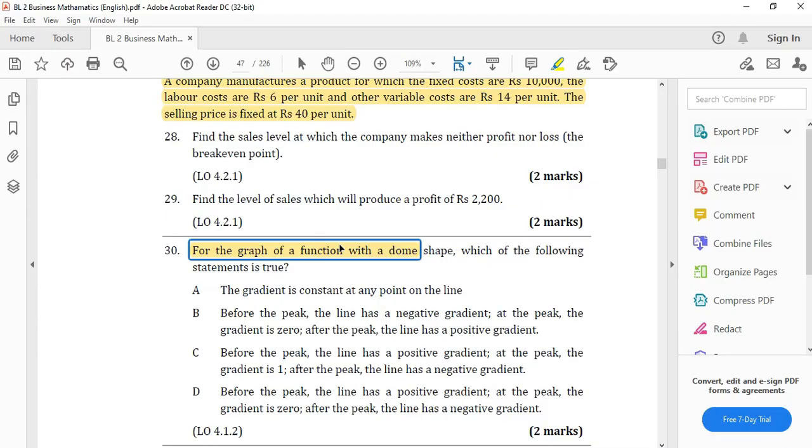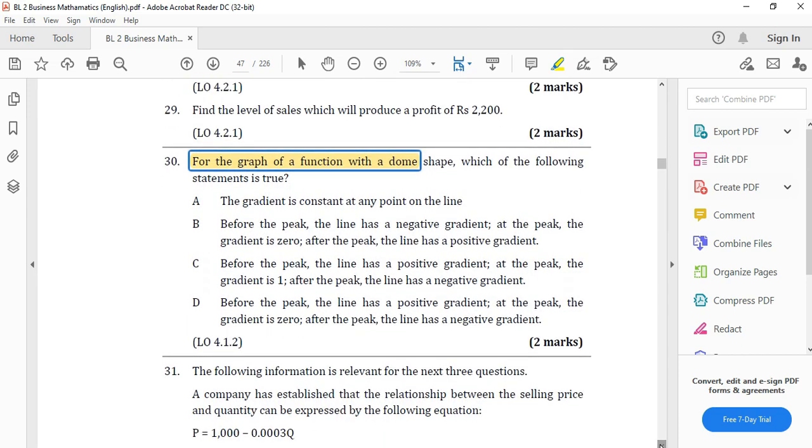But they are just asking about the graph, they are not relating it to total cost or anything. Simply they are saying, for a graph which has a curve, a quadratic equation, which of the following statements are true? Is the gradient constant at any point? No, it isn't. It changes at every point and we find it by using the differentiation formula.